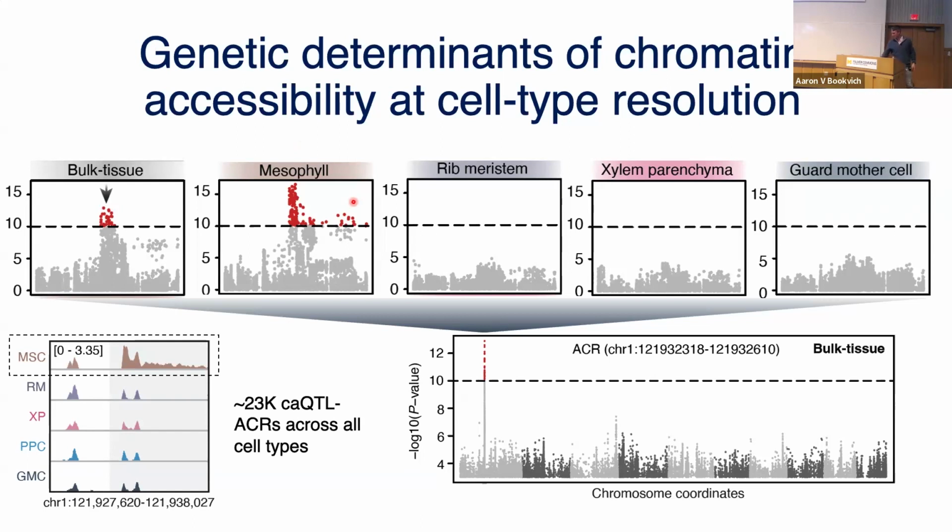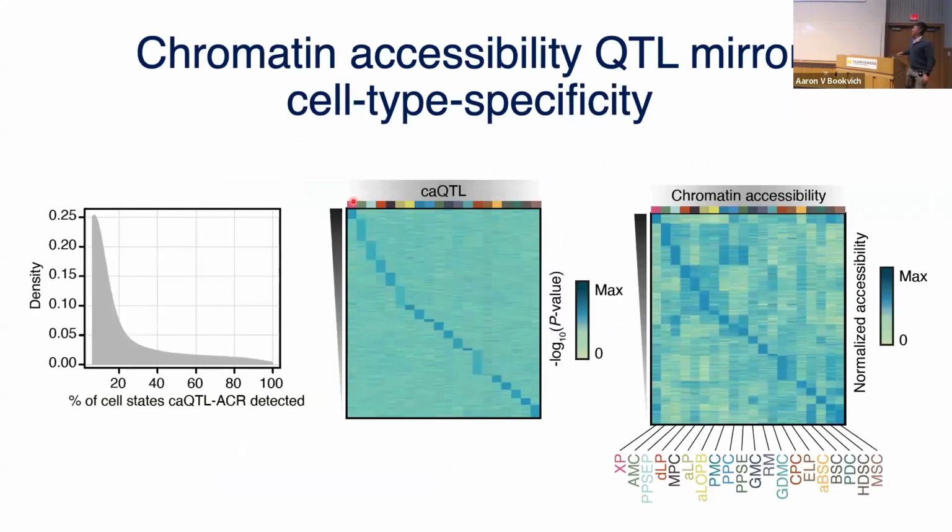All right, so I told you that most chromatin QTL are very limited in the number of cell types that they're detected in. And the rationale for that, or at least our observation, is that the significance of chromatin QTL identification and the power to detect it very closely mirrors the actual patterns of accessibility, right?